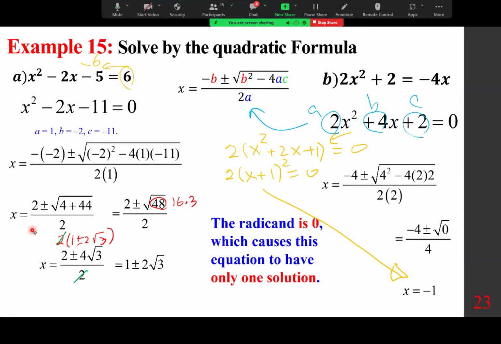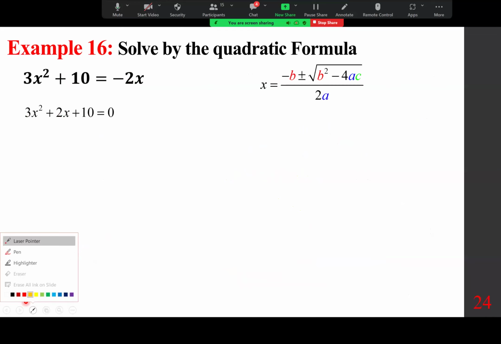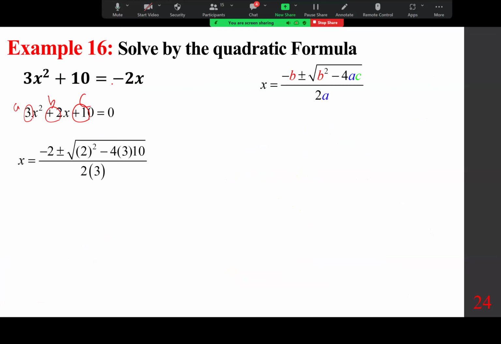All right. 3x squared plus 10 minus 2x. We want to solve it by the quadratic formula. We move the negative 2x. And now a is 3, b is 2, c is 10. a, b, c, plug it in.